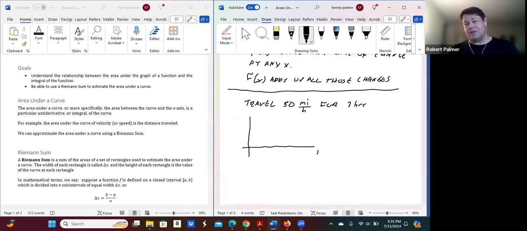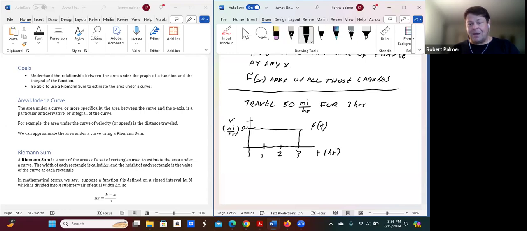Here's our time in hours, and here's our velocity or speed in miles per hour. That should actually be HR like that. So if you're at 50, and this is 1, 2, 3, the graph is just a straight line. We call this f of t, a function of time.